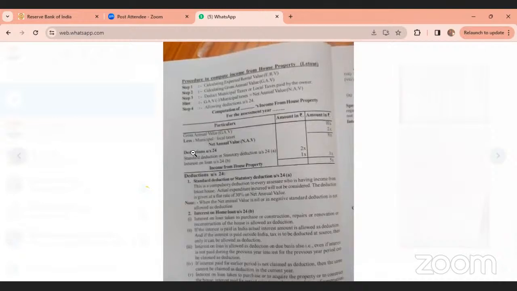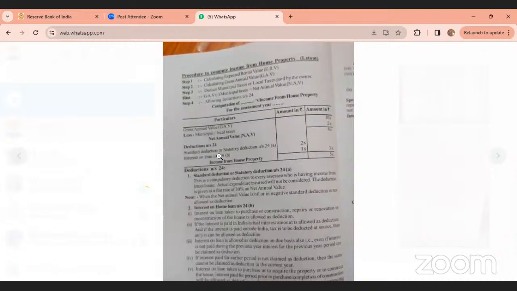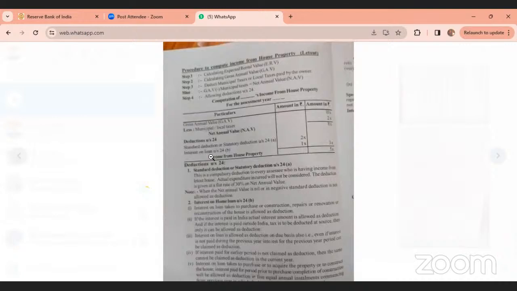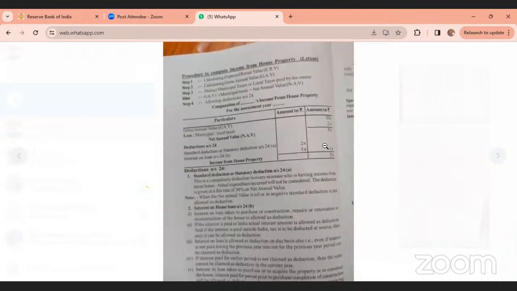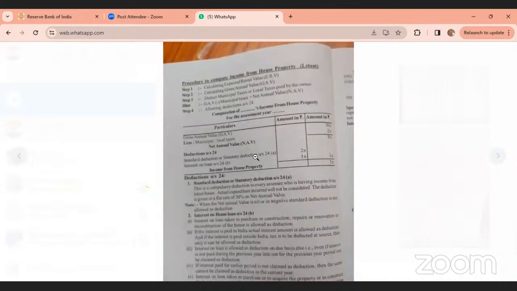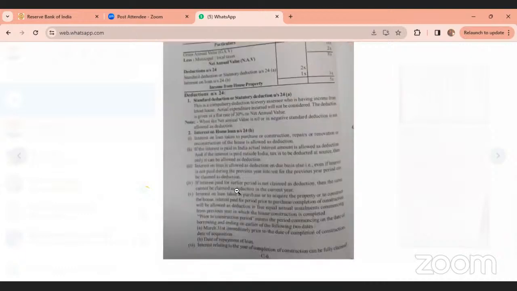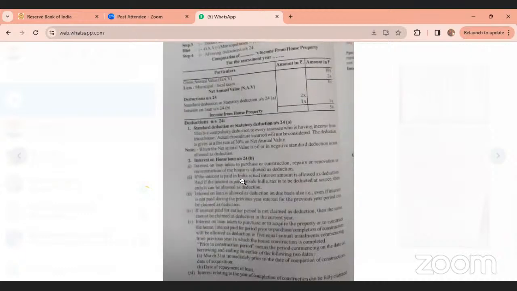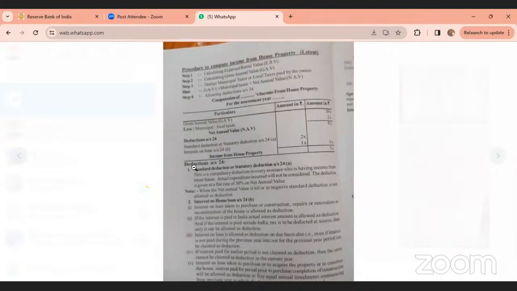After that, you calculate deduction under section 24. Here, how many deductions are there? Two deductions are there: standard deduction and interest on loan. Standard deduction under 24 is 30% on NAV. Next, interest on loan, where some important points are there. After that, you get income from house property.